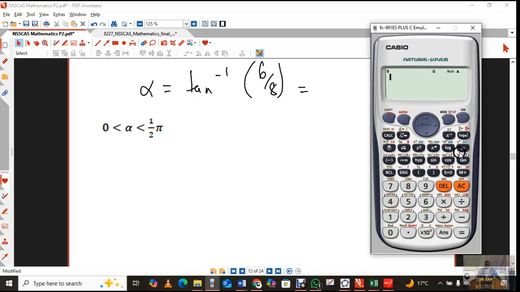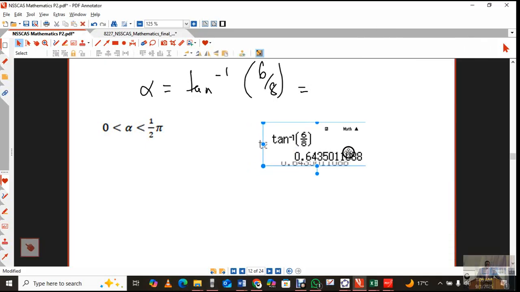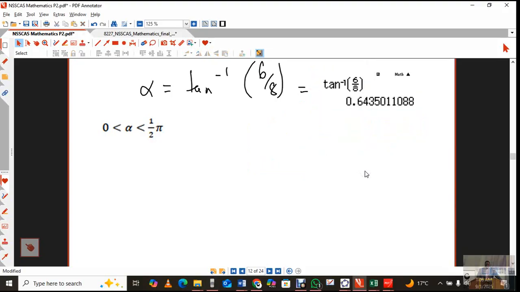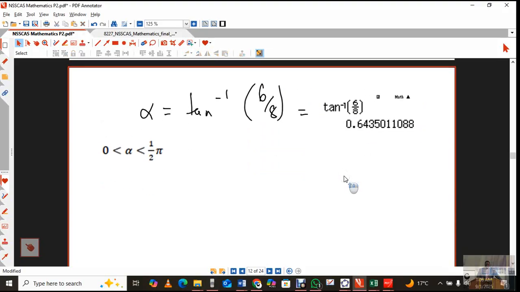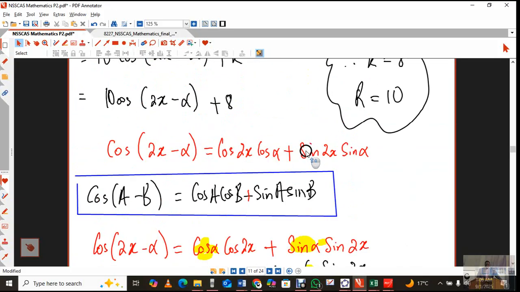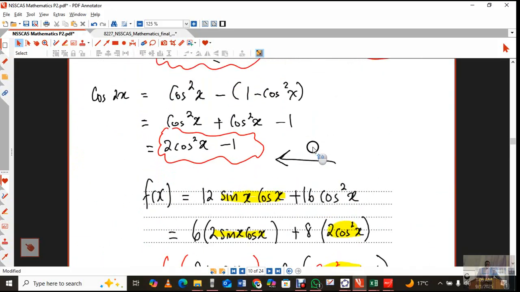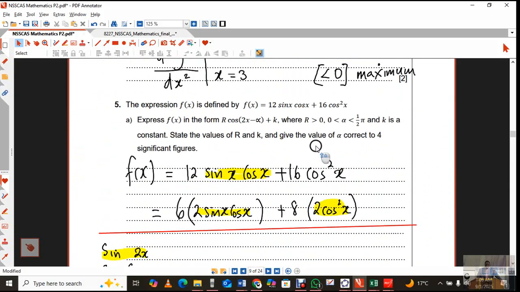Now inverse tangent of 6 over 8, can actually simplify that, but it will give you the same answer, right? So that's the answer over here. That's what we get, right? So they say we must give our alpha to how many significant figures? I just forgot a little bit.